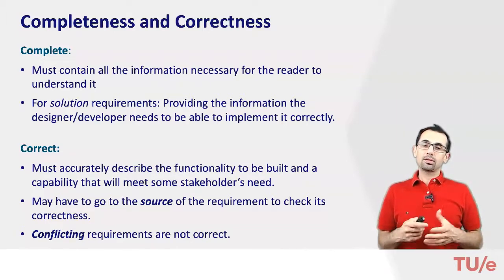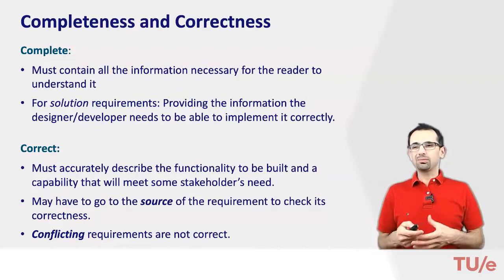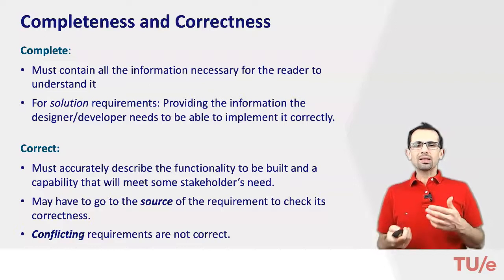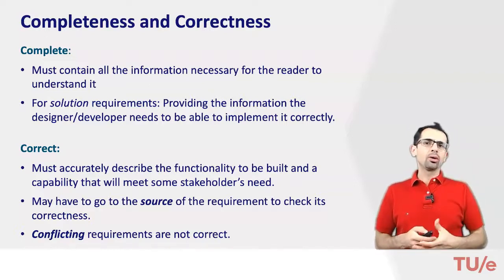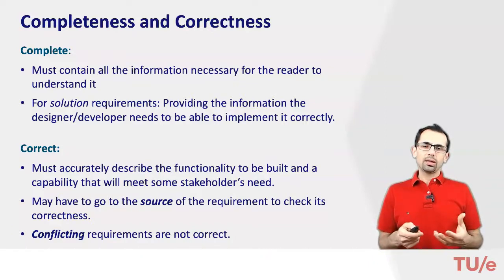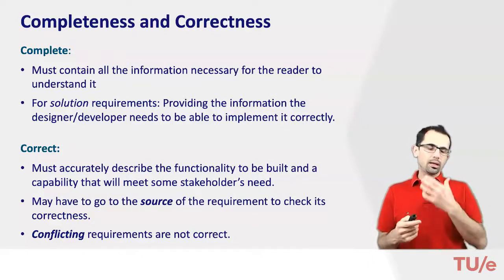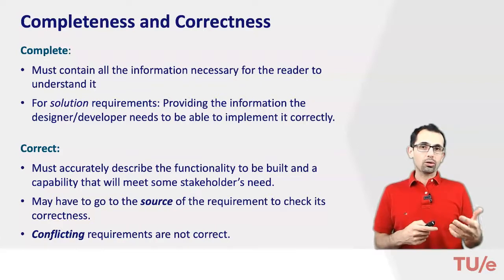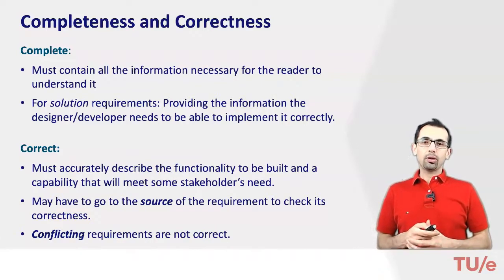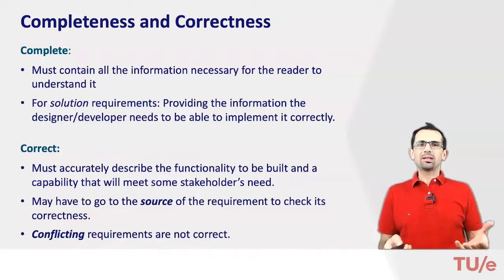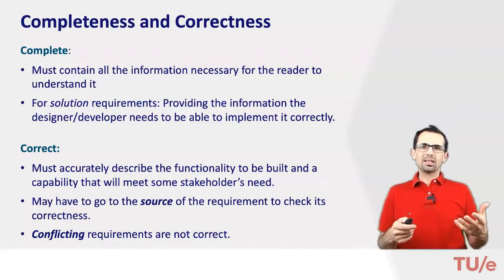I should also note that conflicting requirements are not correct. Correctness and completeness are not very easy to determine on the spot. Usually you would see whether they're complete or correct later on in the development life cycle, but yet you have to strive for completeness and correctness.